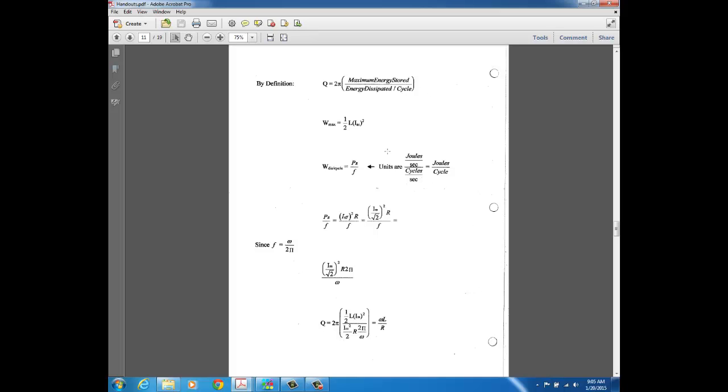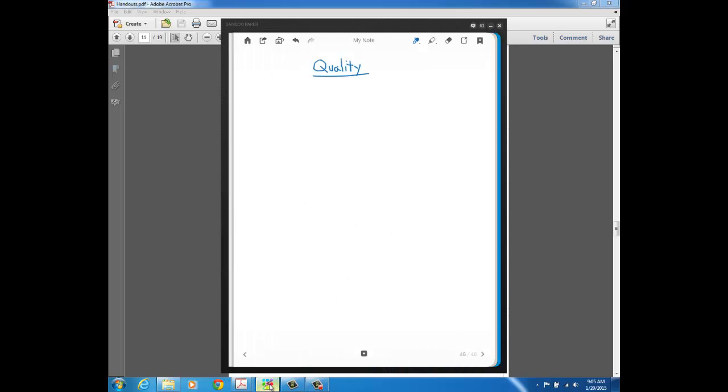So if you look through the handout, you can see at the very bottom is the important result that quality is equal to omega L, which is the reactance of the inductor, divided by R. If we have a non-ideal inductor, and I mentioned this in a previous video, we often represent that non-ideal inductor L with a resistance in series with its inductance, where this resistance is the resistance of the wire that makes up the inductor.